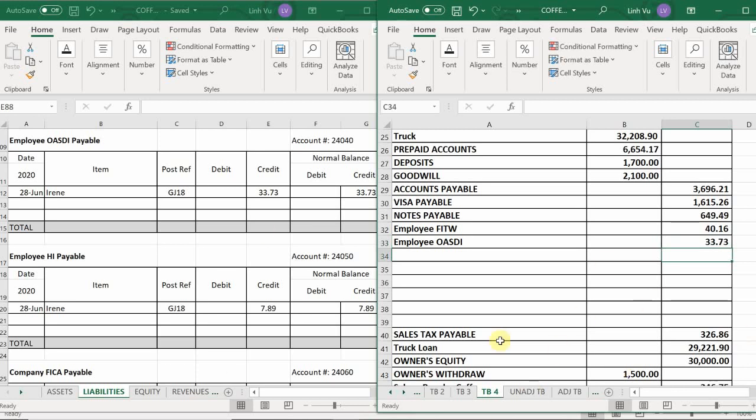We even have employee HI, which is Medicare, for a total of $7.89.